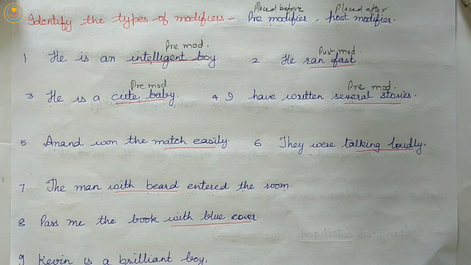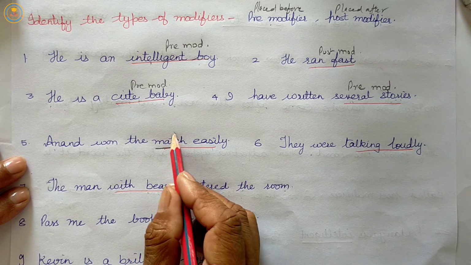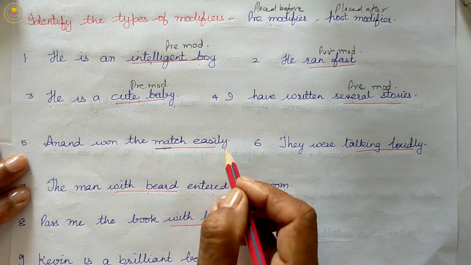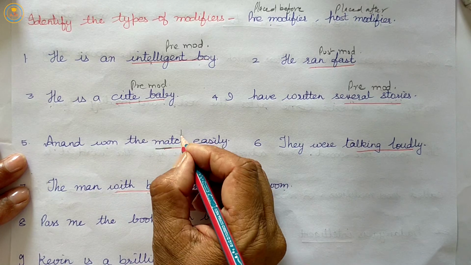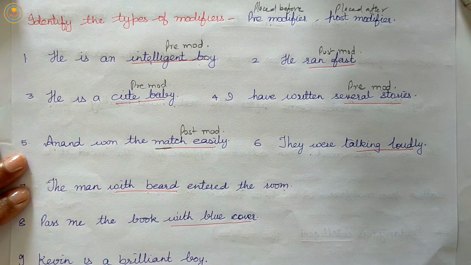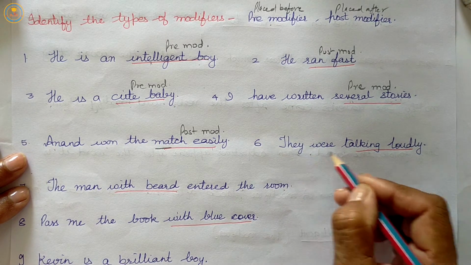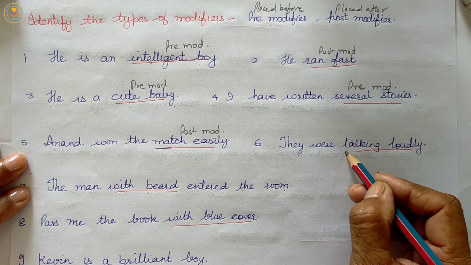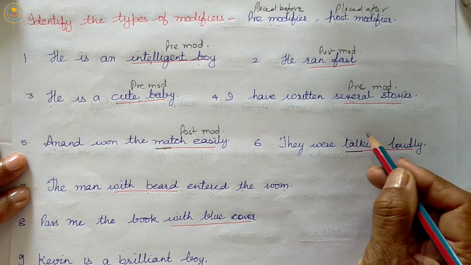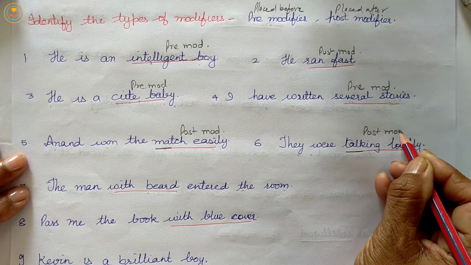Anand won the match, and we are modifying it with easily, so Anand won the match easily is a post modifier. They were talking loudly: they were talking, but how, modifying the verb, so this is a post modifier.